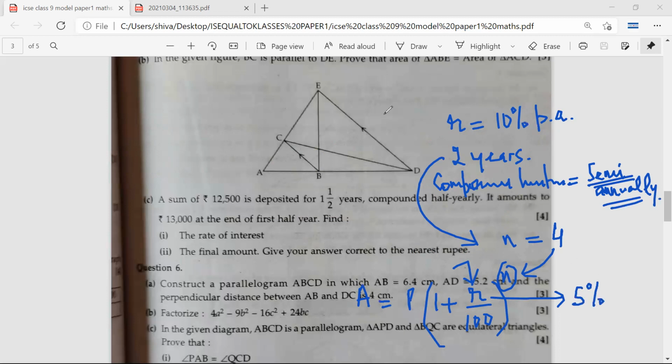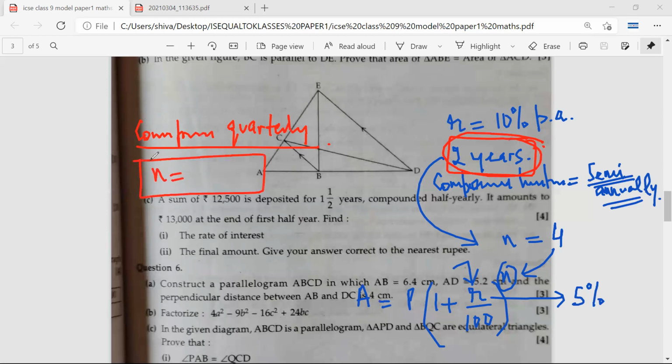Now in the same example, if I say that my compounding is being done quarterly, now my time period would be 2 years. So n would be equal to 8.